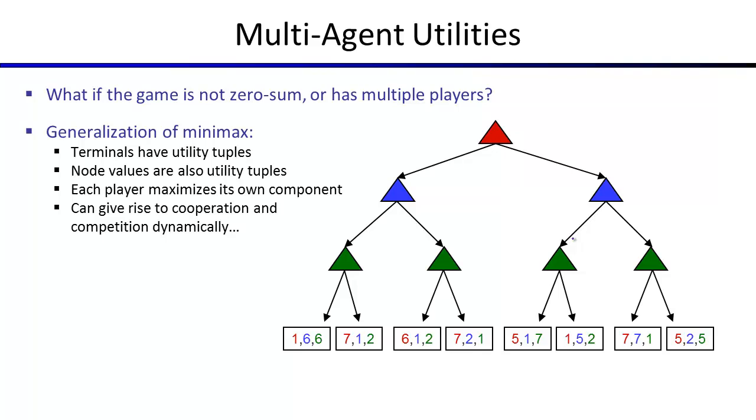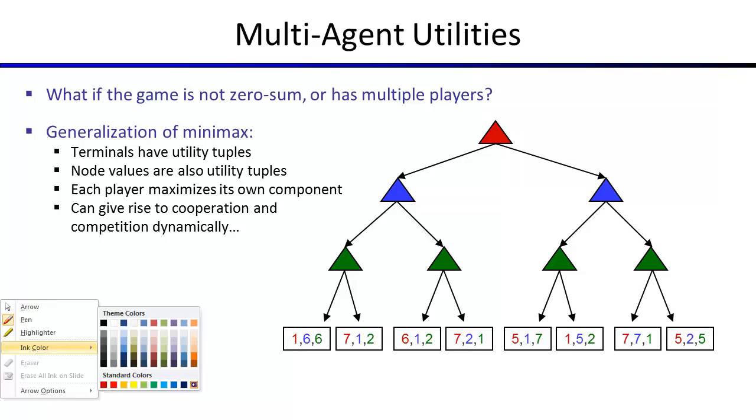This isn't a zero-sum game. So everybody has their own utility, and everybody's maximizing their own. They don't care about anybody else's utility. They don't want other people to lose. They don't care. If they did care about other people's utility, it would be encoded in their own utility. Okay, so all they need to care about is their utility. What does this mean? Well, let's think about what's going to happen. Let's look at this green node down here. What's the green node going to do?